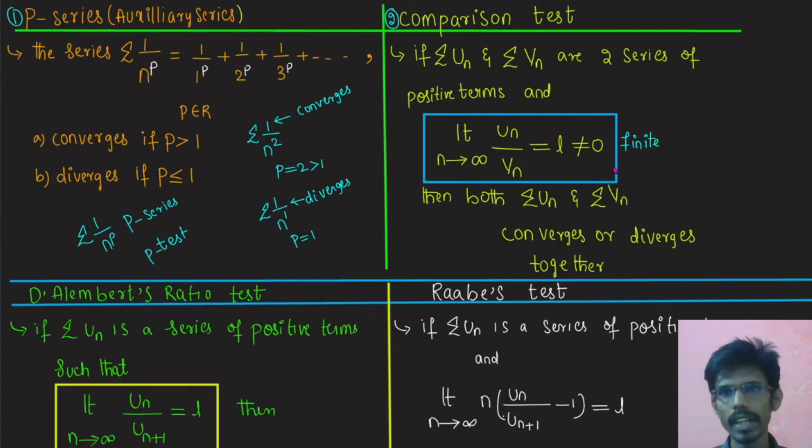If I get a finite nonzero number L, then both sigma un and sigma vn converge or diverge together.